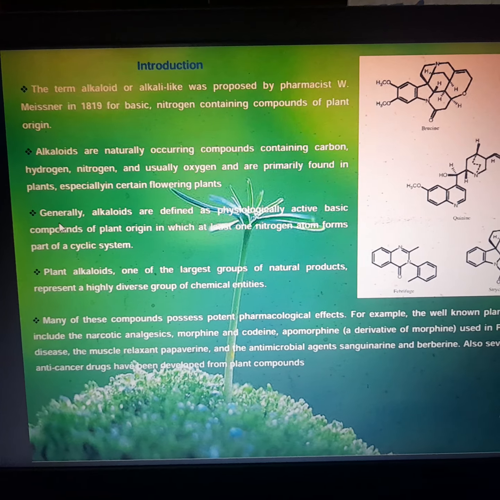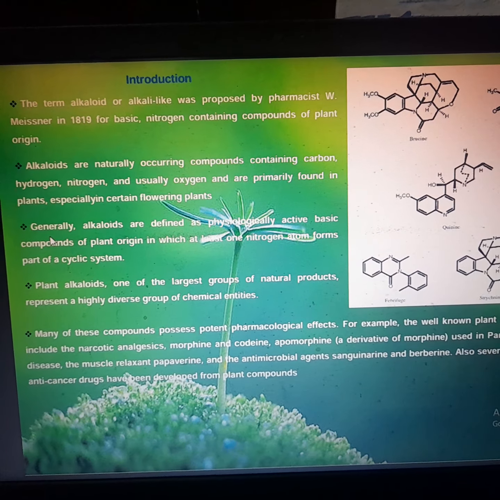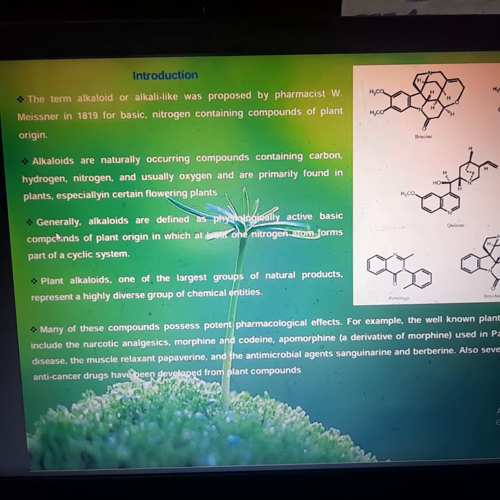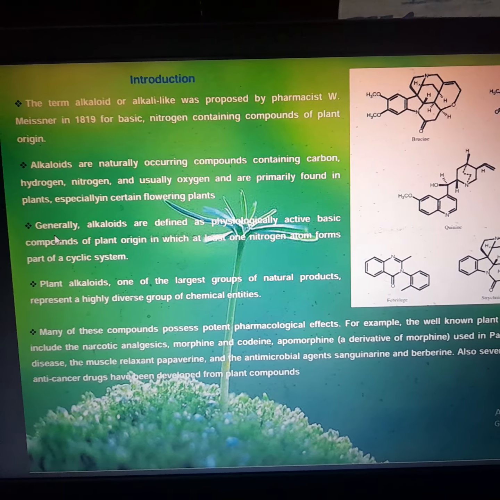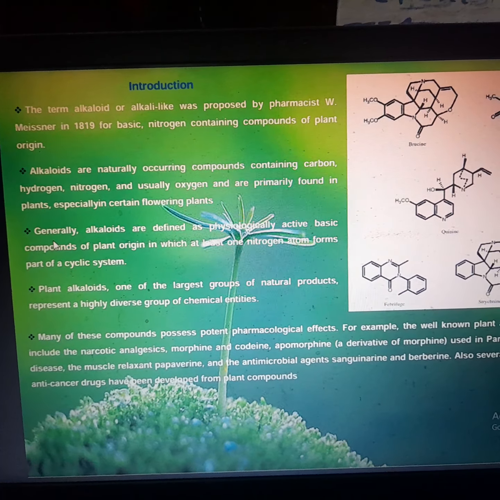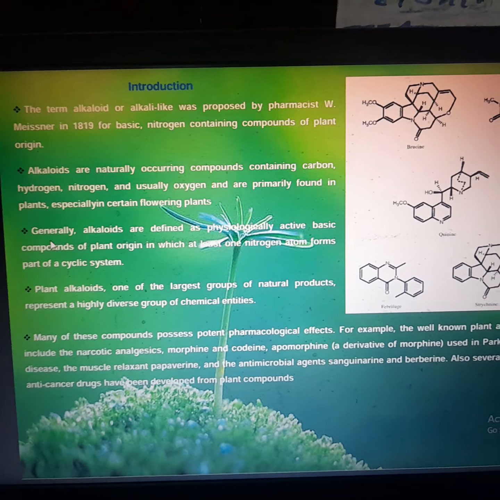Plant alkaloids, one of the largest groups of natural products, represent a highly diverse group of chemical entities. Many of these compounds possess potent pharmacological effects.